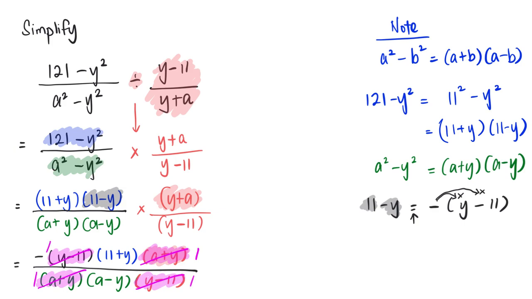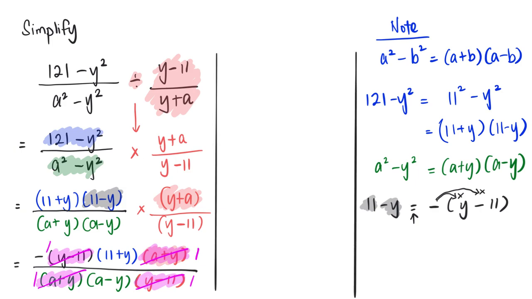And therefore, the final answer, which I will write at the side here, let me just make it neater, would then be equals to negative 11 plus y, this is at the top, over negative 11 plus y, the denominator will be a minus y. You could also put the bracket, it's perfectly fine.